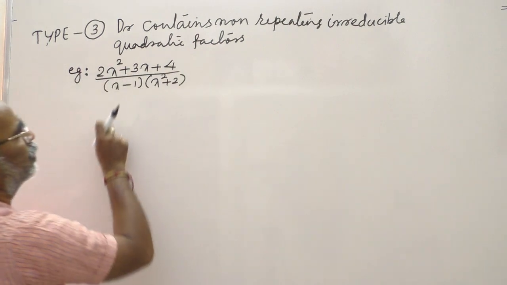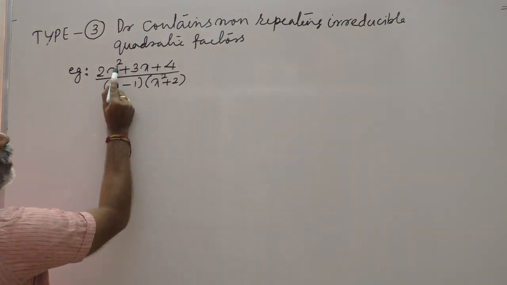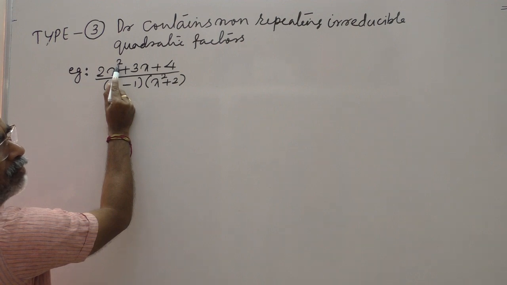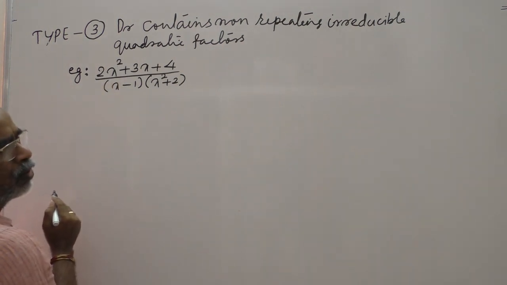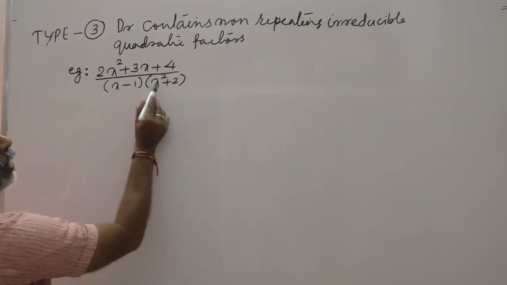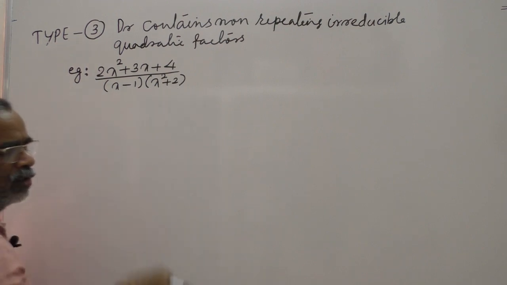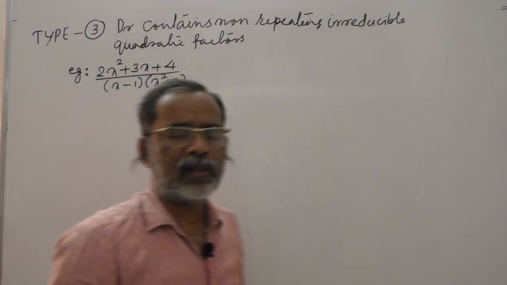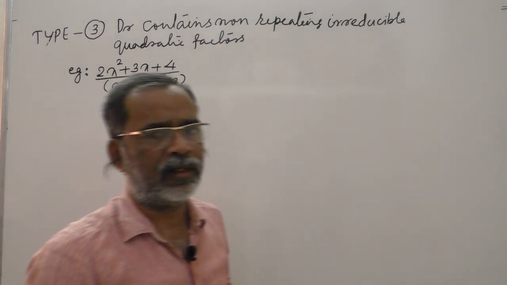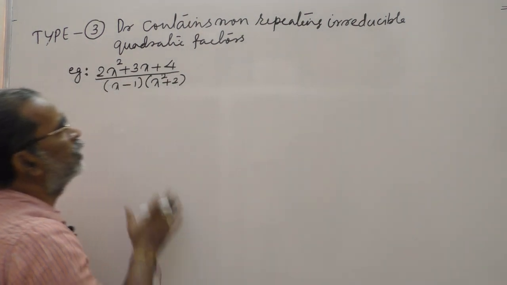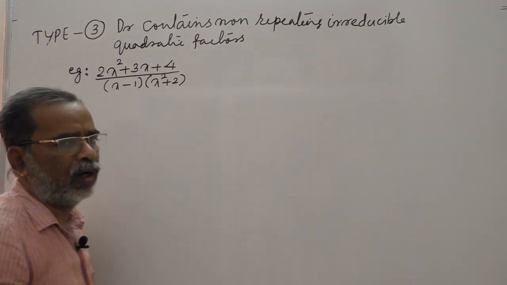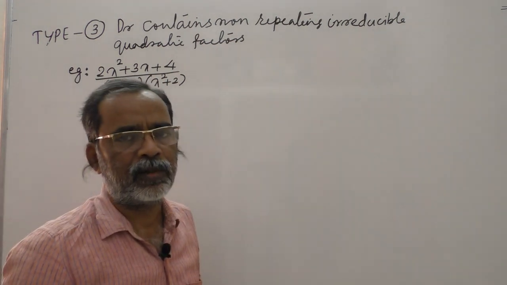See that fraction. Here the numerator's degree, the highest term is x square, therefore its degree is 2. In the denominator, if you take the product there will be an x cube term, therefore its degree is 3. Therefore it is a proper fraction. After deciding that, now we have to decide the type.